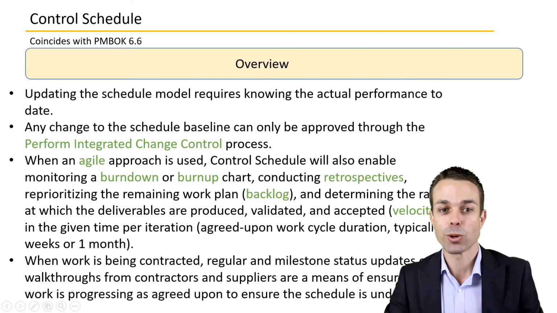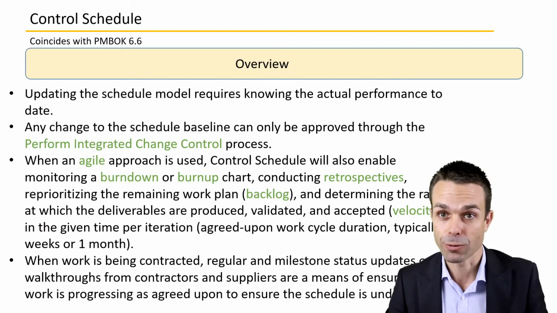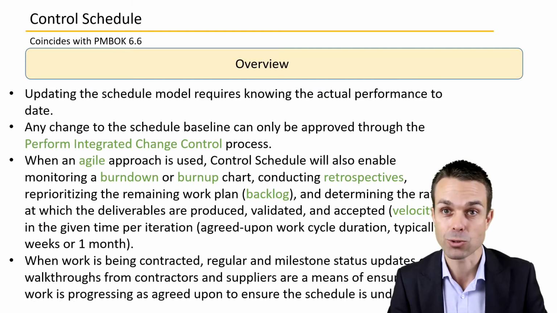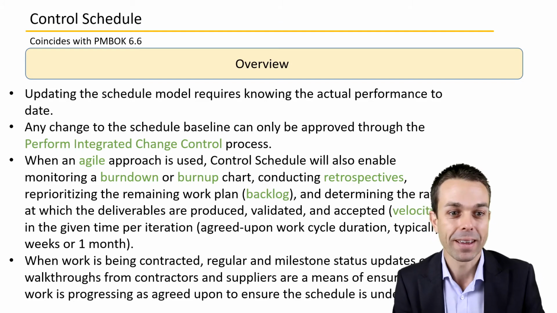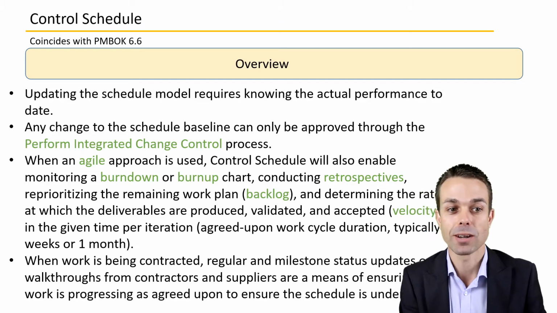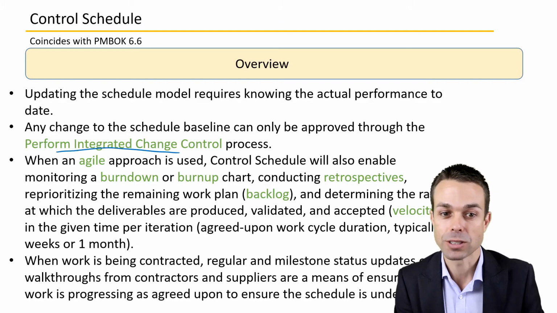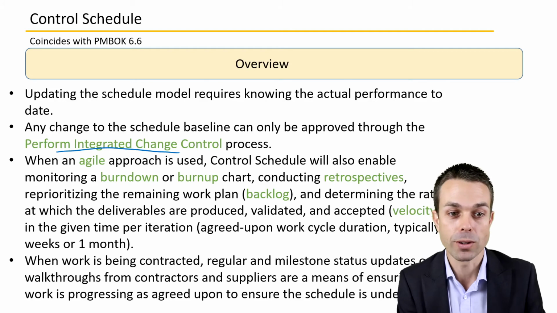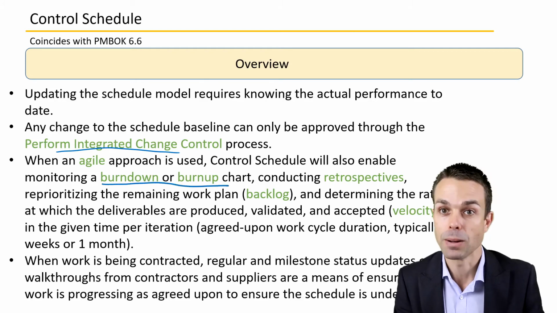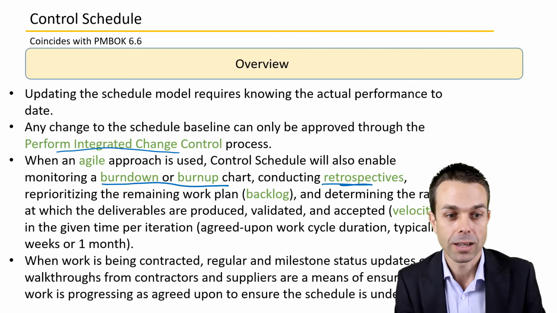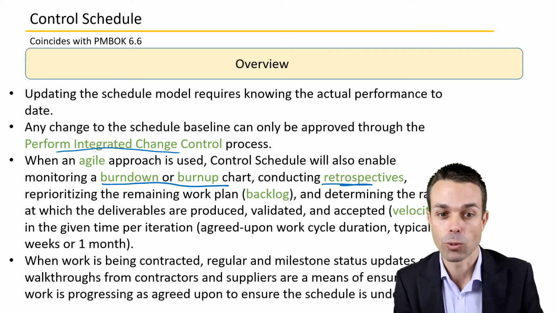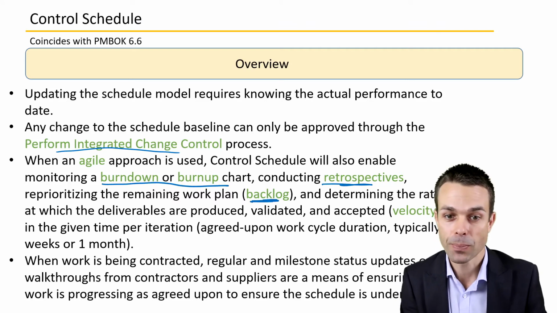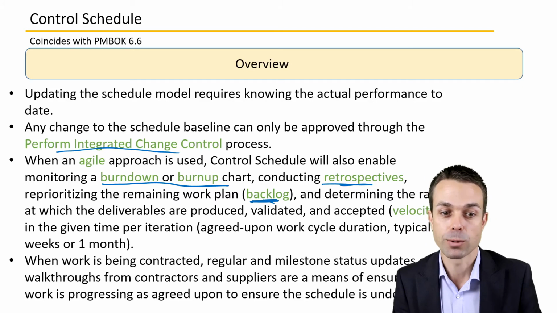So updating the schedule model requires knowing the actual performance to date. So how have things been tracking? We'll need to measure it. Any change to the schedule baseline needs to go through perform integrated change control. When an agile approach is used, control schedule might also enable a burn down or burn up chart, or it might be conducting retrospectives, reprioritizing remaining work into a backlog, and determining the rate at which deliverables are produced.